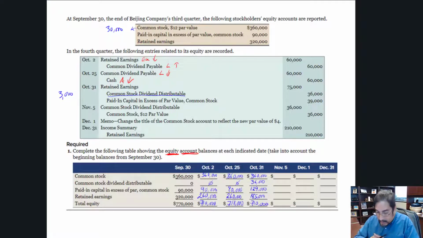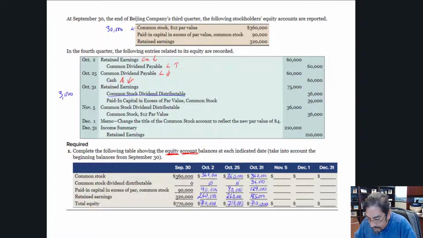All three of those, retained earnings, common stock dividend distributable, and paid in capital in excess of par value, are all equity accounts. So we've just moved balances all within the equity section. So our total equity section remains unchanged at $710.